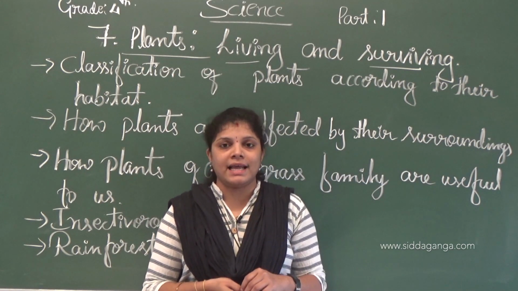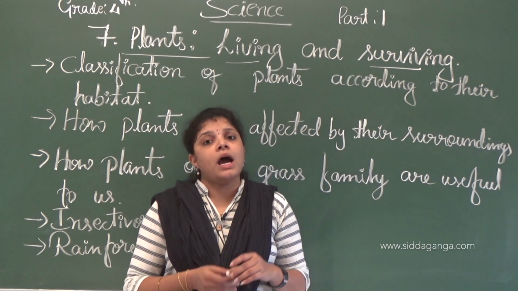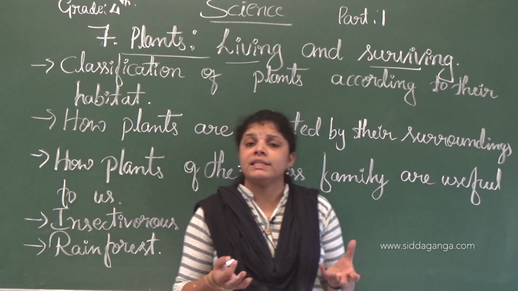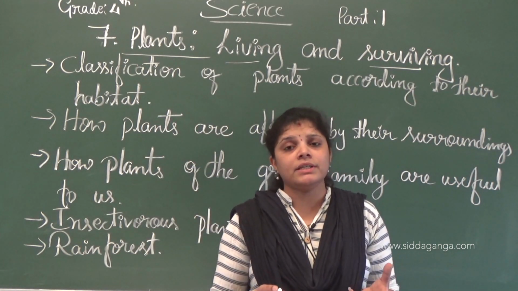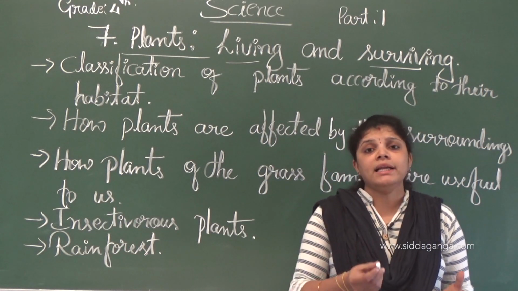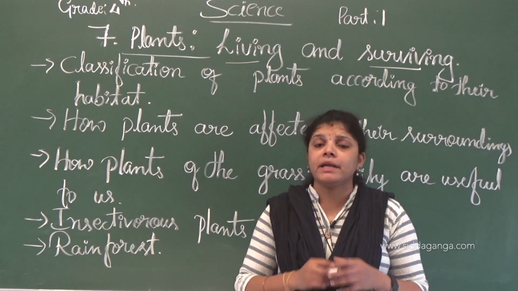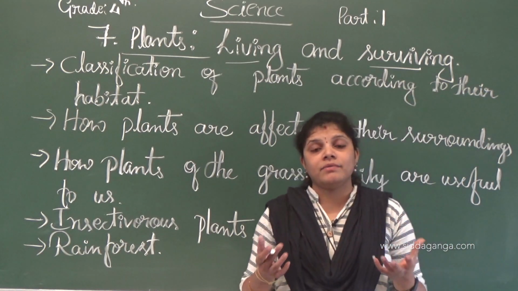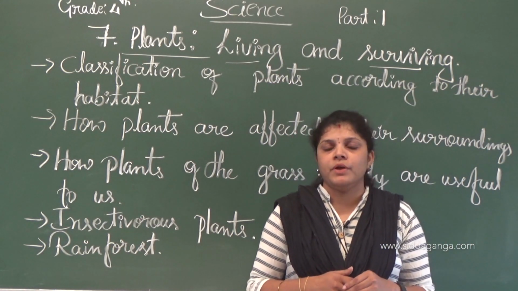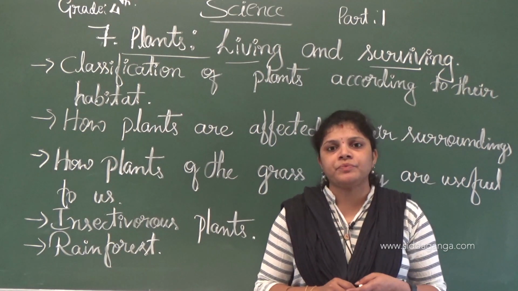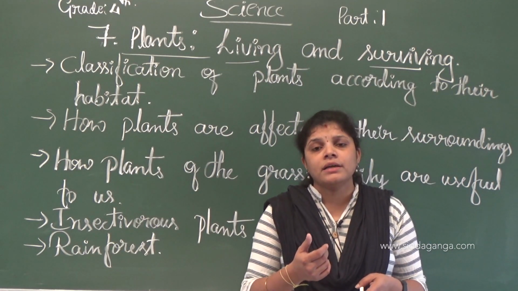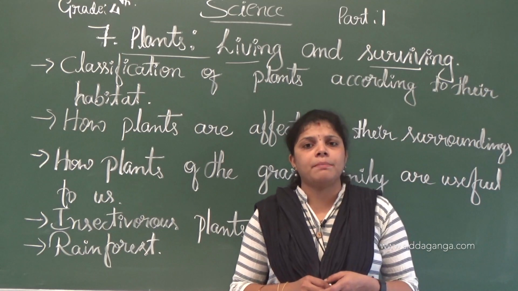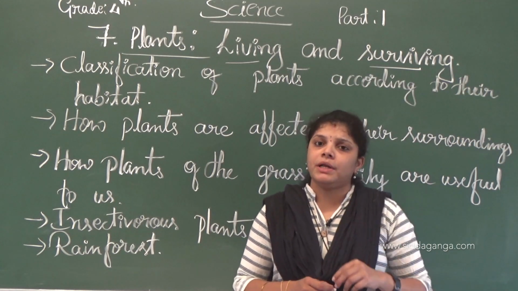See, you know, our world is very beautiful. It consists of many different things. Mainly animals and plants make our world very beautiful. If you observe carefully, you will find certain animals and plants are found in particular places.